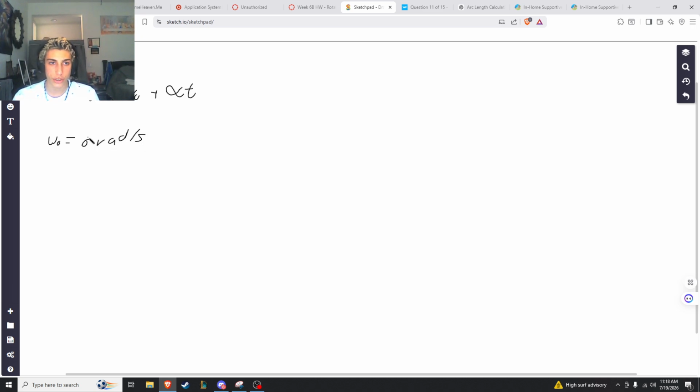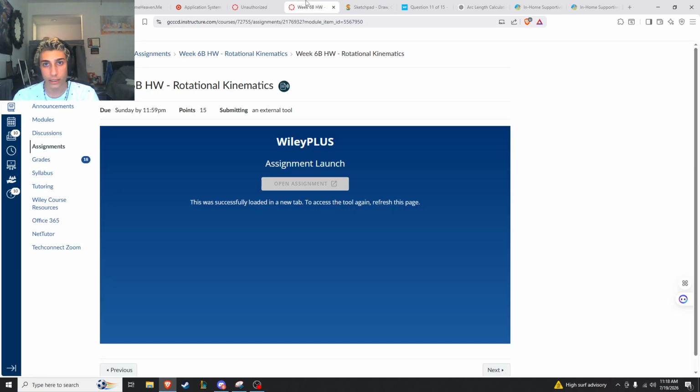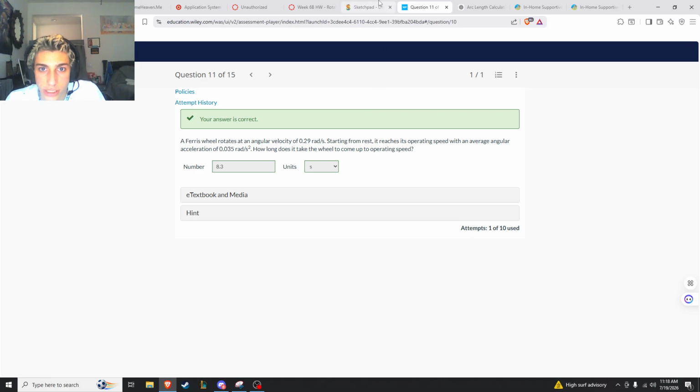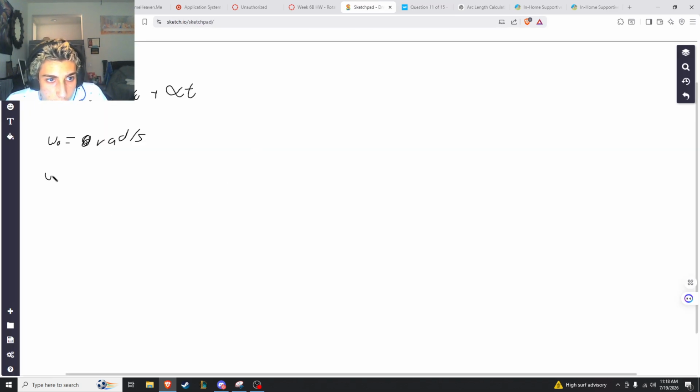The SI units for w is going to be rad per second. The final angular velocity is going to be 0.29, as told to us here. So w equals 0.29 rads per second.